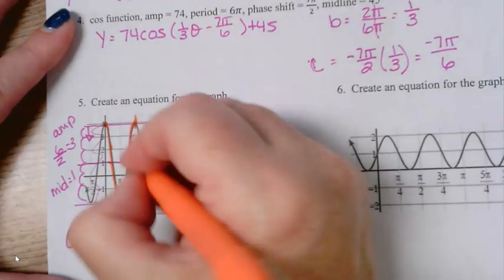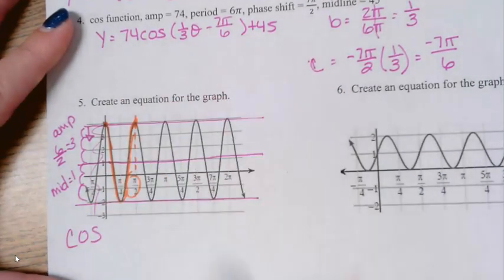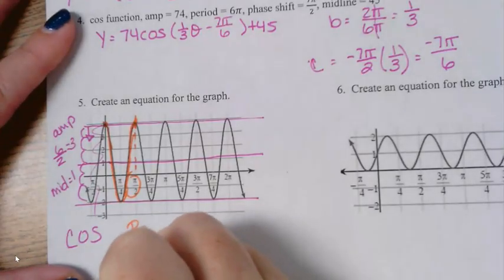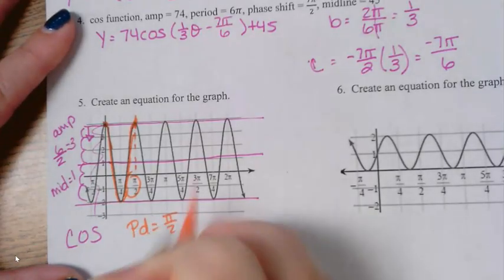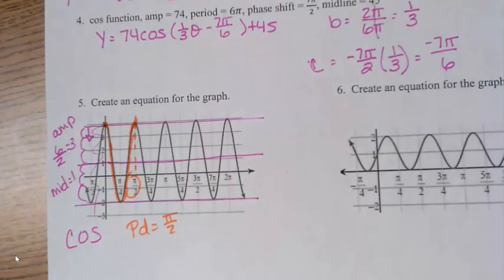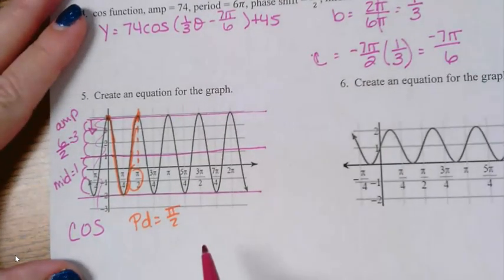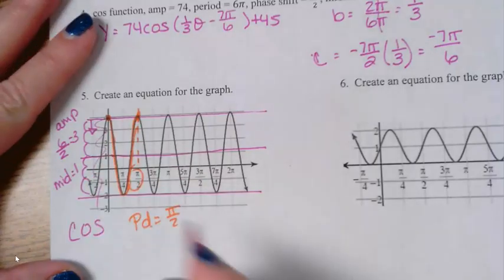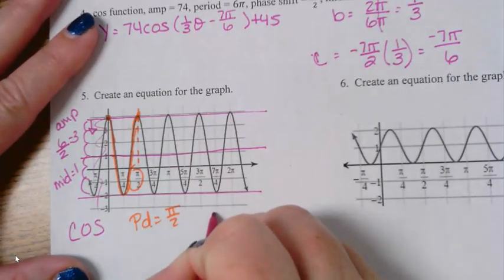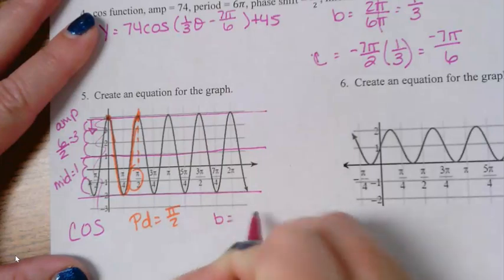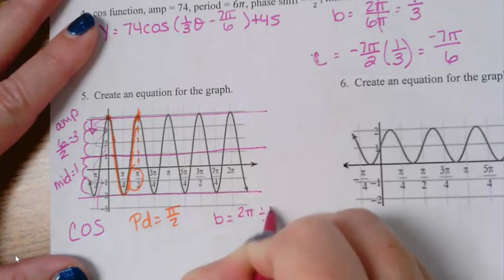Okay, and then here is my period. And it's not flipped. So let's calculate b, sorry. So 2 pi divided by pi over 2.